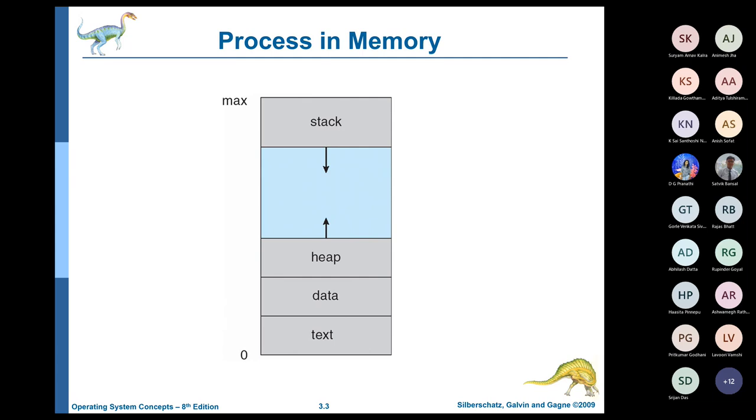This is not the physical reality, because allocating so much contiguous memory space, even if the max value is limited to something, is quite difficult in main memory. So typically the main memory allocation happens by virtual address to physical address translation, and then allocating the necessary pages into memory.